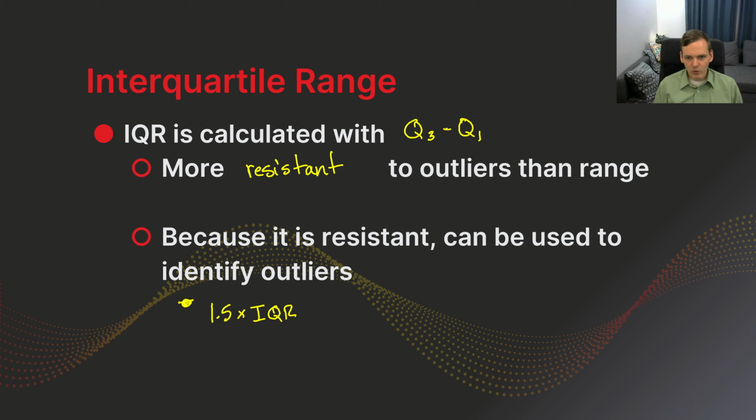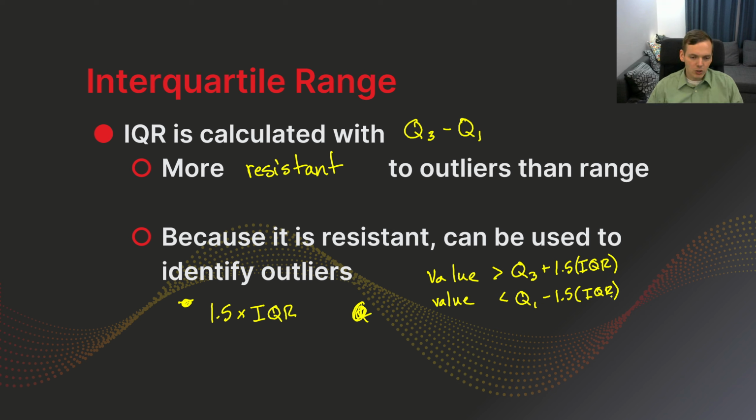So you take the interquartile range, calculate that, multiply it by 1.5, and if you have a value that is greater than Q3 plus 1.5 times IQR, then that's probably an outlier. Likewise, if you have a value that is less than Q1 minus 1.5 IQR, then that's also potentially an outlier.